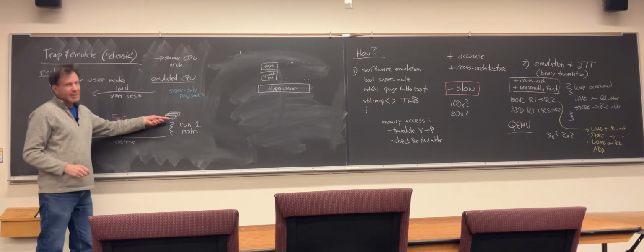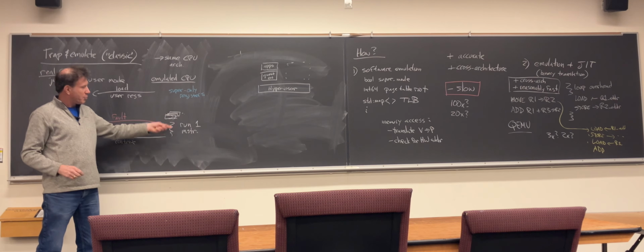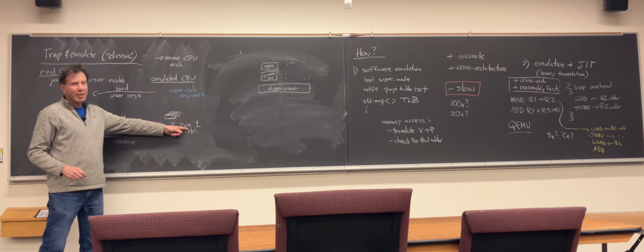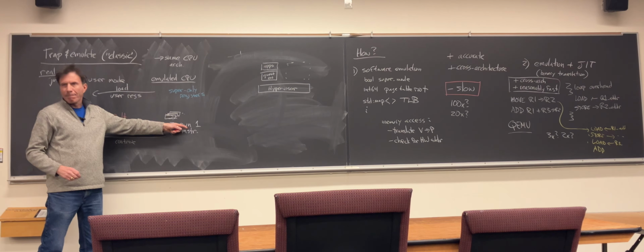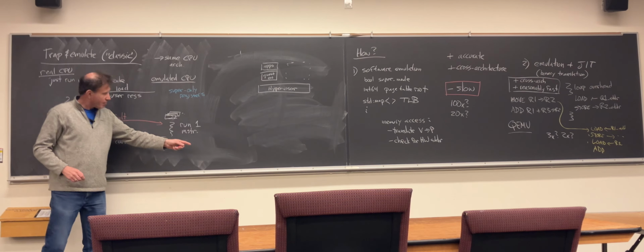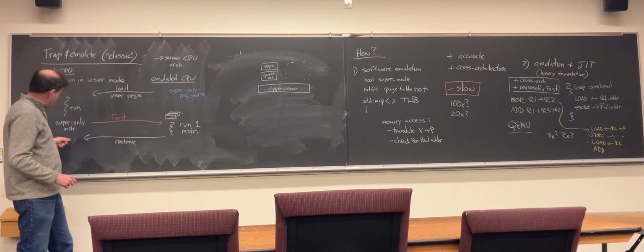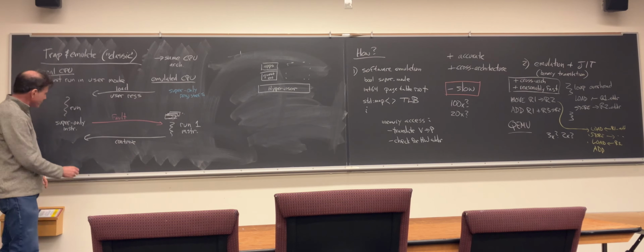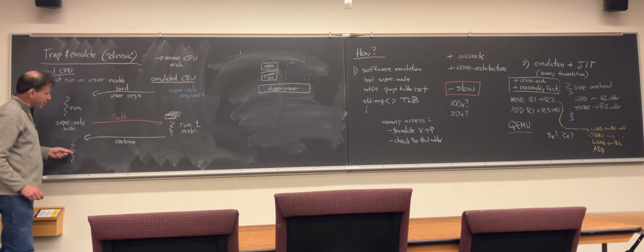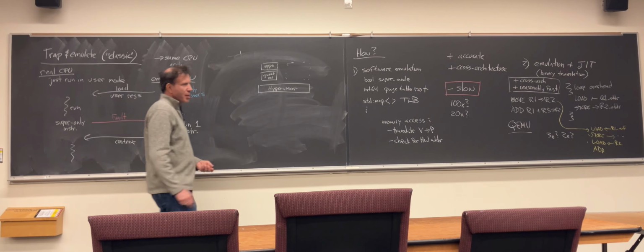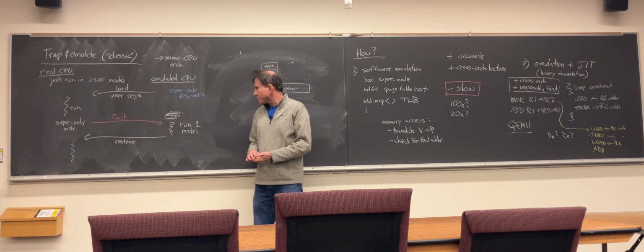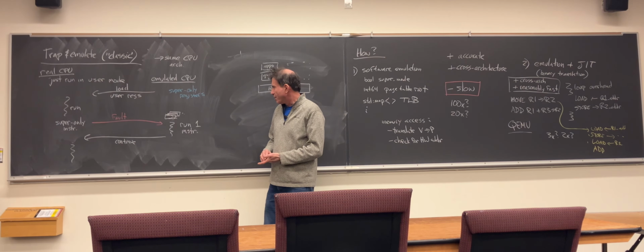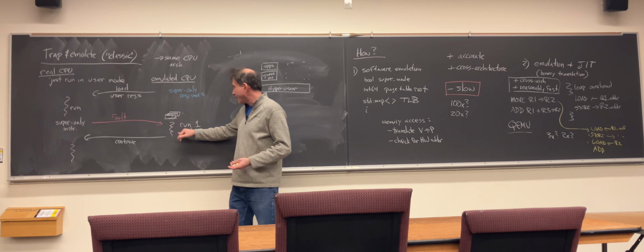And update the program counter in the emulated CPU and so on, and then we'll emulate a single instruction. And then we return back and we keep running in user mode. Or maybe we'll get an exception here.